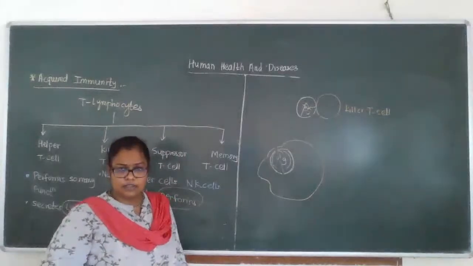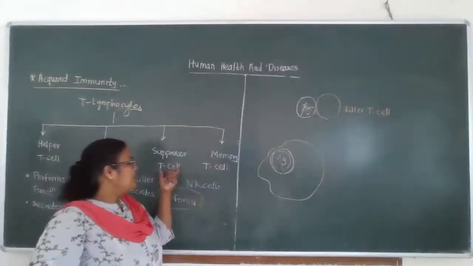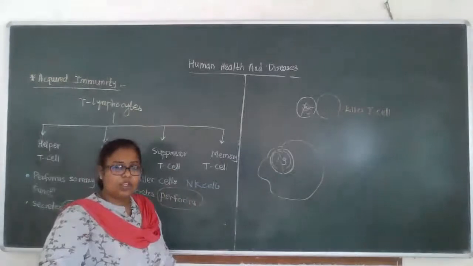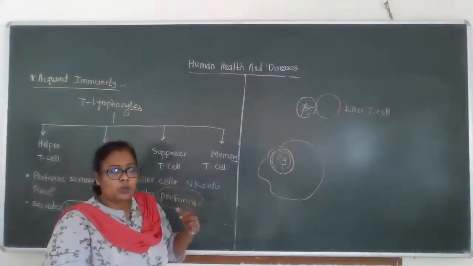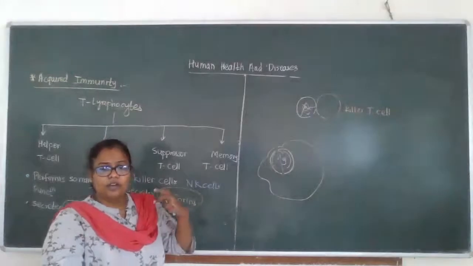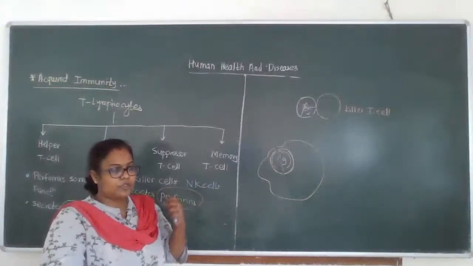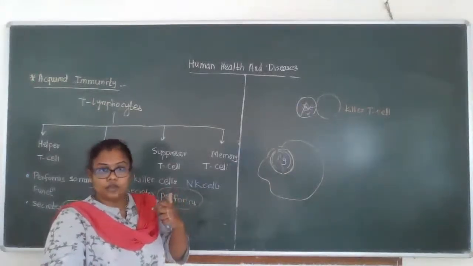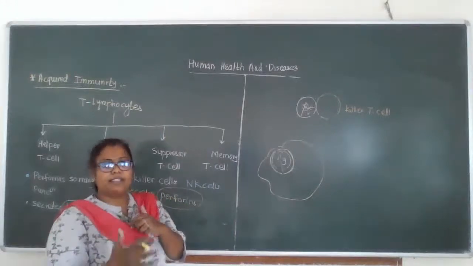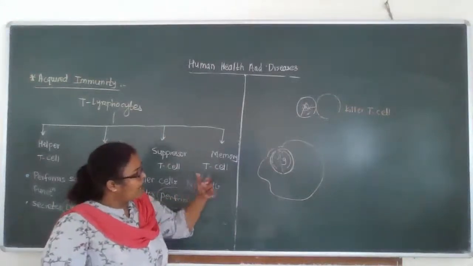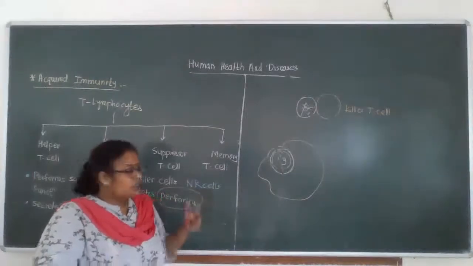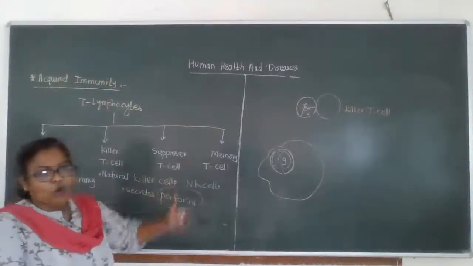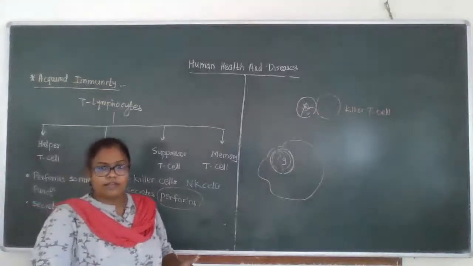But sometimes what? What is the role of the suppressor cell I'm talking about? The suppressor cells stop the autoimmune response. Sorry, they prohibit the bad effect of this perforin on our own cells. So thus it protects our own cells. Clear, everyone?